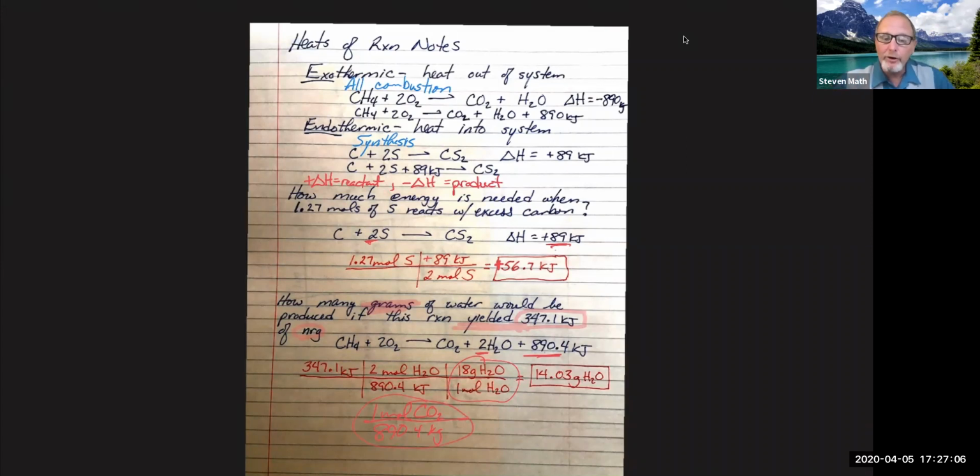Just use your coefficients the same way you did with all stoichiometry reactions. These are called thermostoich, and all you're doing is using the chemical reaction now to account for energy instead of using the reaction to account for mass. Very straightforward, getting to the end of thermochemistry here with thermostoichiometry. I'll see you in our next video on Hess's Law.